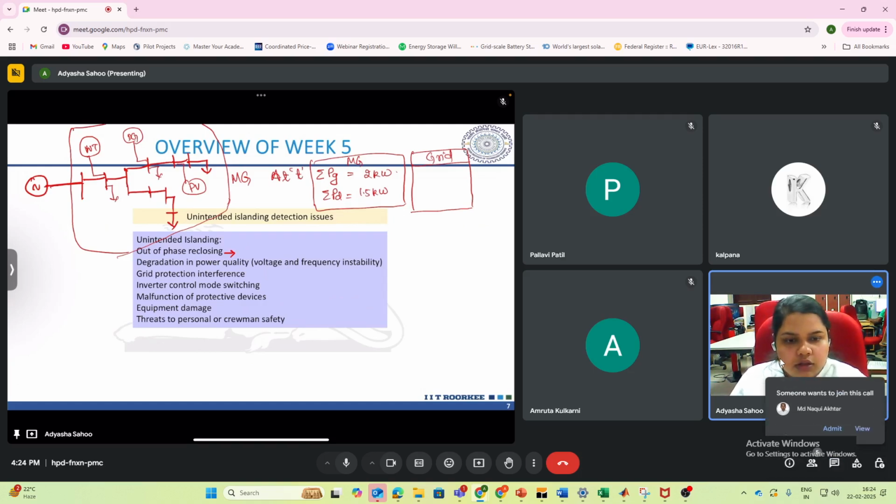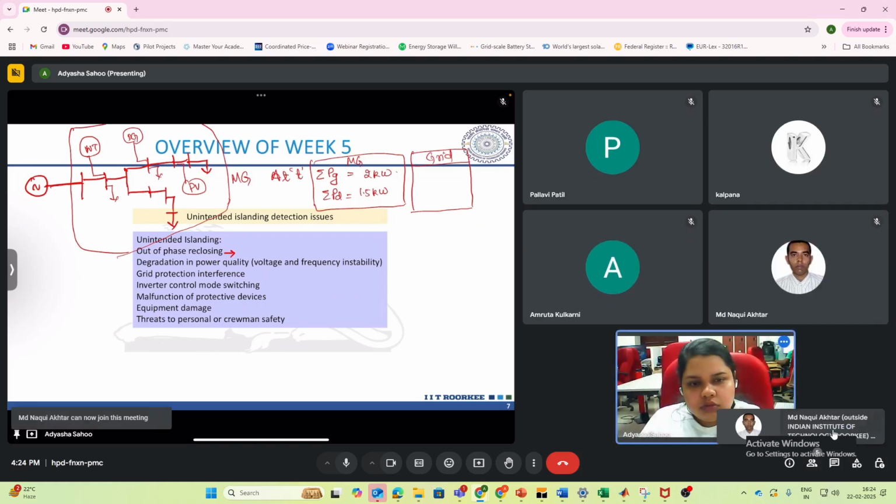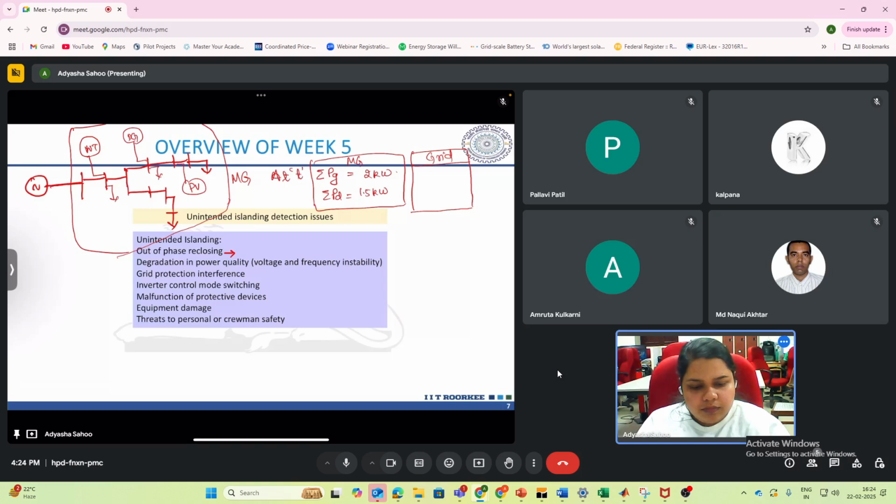If the total generation in the microgrid is 2 kilowatt and the total load available is 1.5 kilowatt, then what is the mismatch power? The delta P is nothing but 0.5 kilowatt, right? And this 0.5 kilowatt of mismatch is handled by the main grid. So 0.5 kilowatt is the power flowing through this feeder.